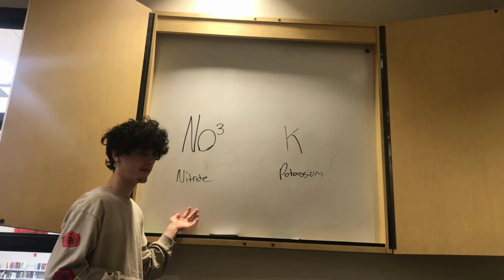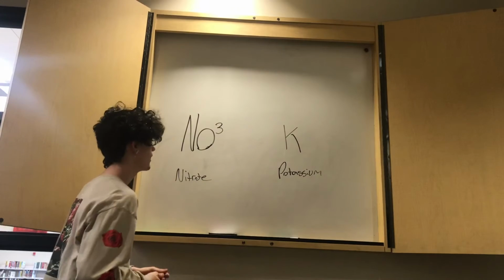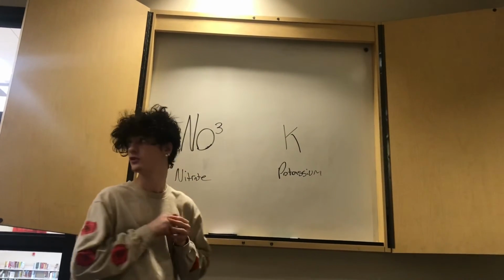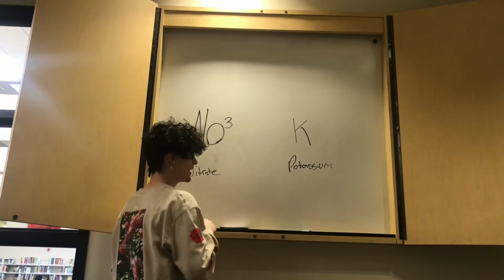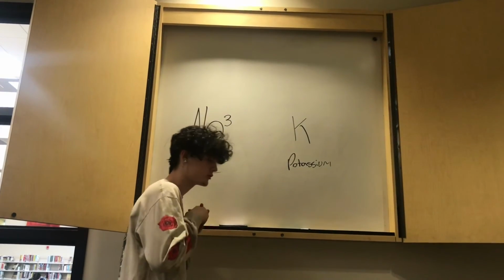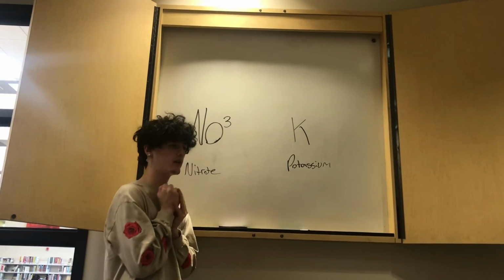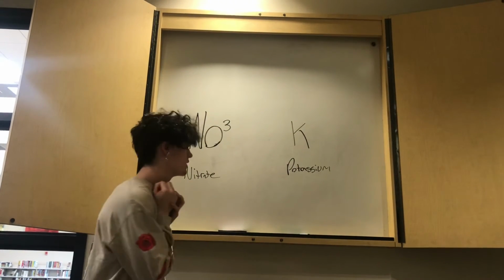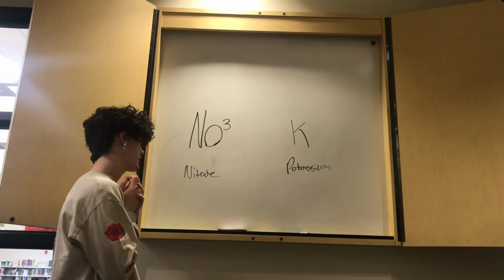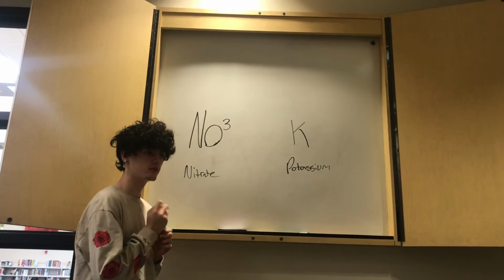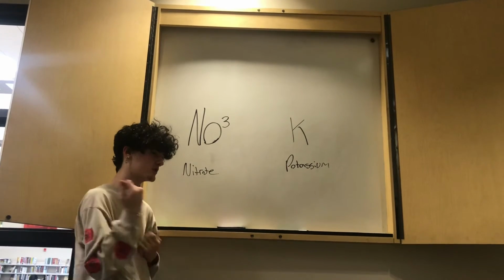But the big rules of levels of solubility: potassium is part of a little group called the group 1 elements, and NO3, or nitrate, is just kind of always soluble in a lot of reactions.